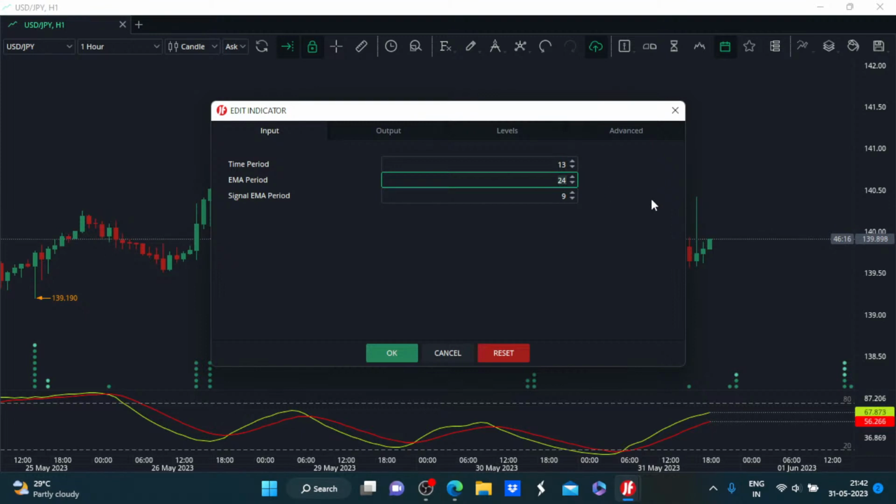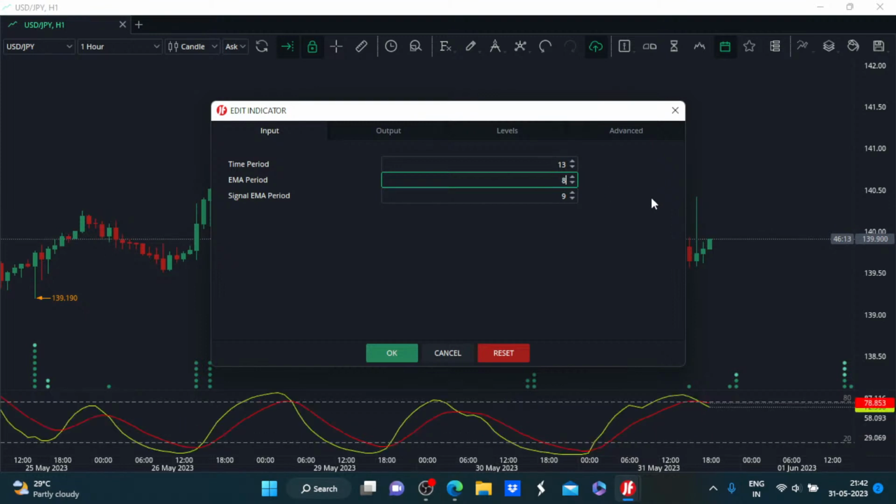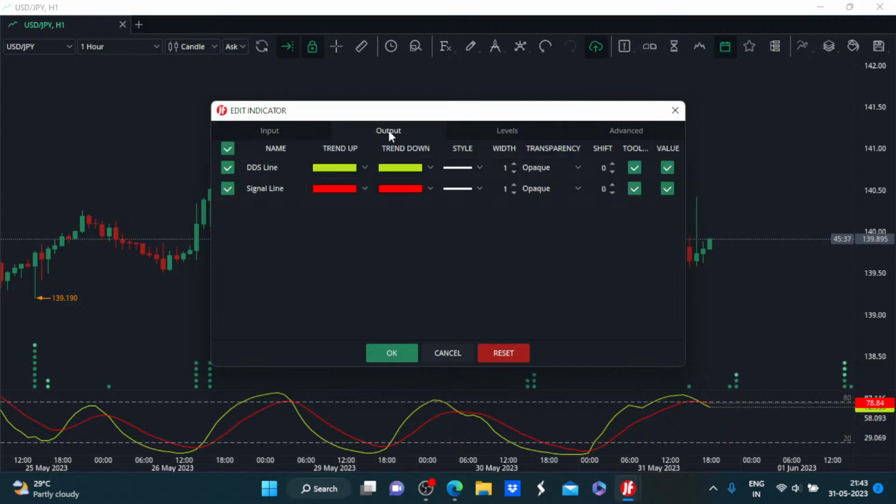If you increase this period, you will have the graph of the regular stochastic looking a lot smoother, and if you decrease the EMA period, then the data points collected for figuring out the output of the stochastic are going to be fewer, and it will respond to recent price fluctuations much more readily. Signal EMA period, you can vary the other component as well. The same principle applies. If you decrease it, you will see a lot more responsiveness. If you increase it, there will be a lot more delay.